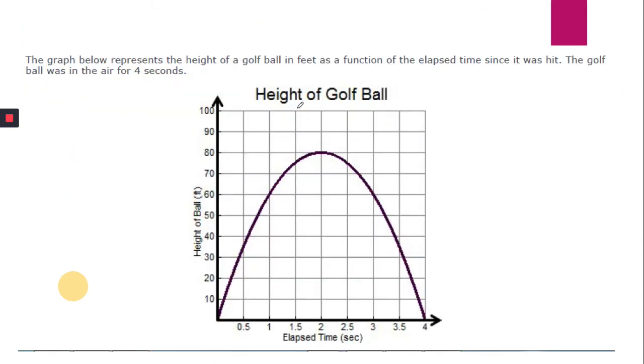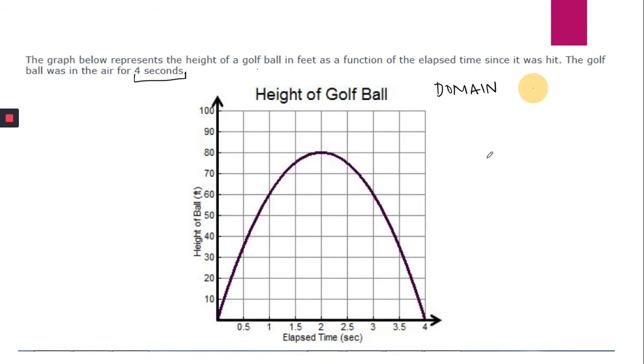So let's look at this graph. The graph below represents the height of a golf ball in feet as a function of the elapsed time since it was hit. The golf ball was in the air for 4 seconds. Pause. The question here was, what is the domain and range? Let's start with domain. A lot of people chose x is all real numbers.